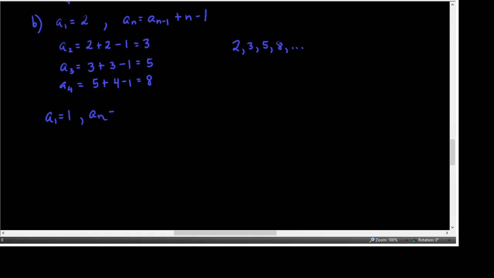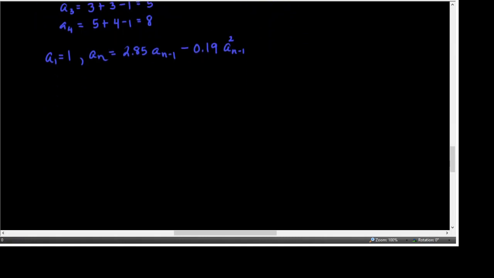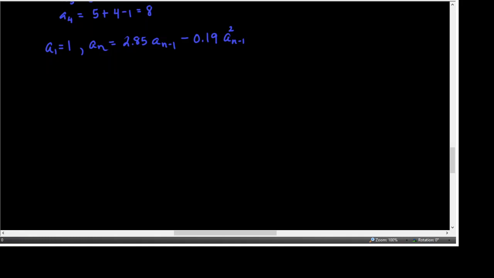A sub n is 2.85 times the prior term, a sub n minus 1, minus 0.19 times the prior term squared. And so we're supposed to give a table of values for n equals 1 to 10, and then graph the sequence and talk about what's going on with these moths.